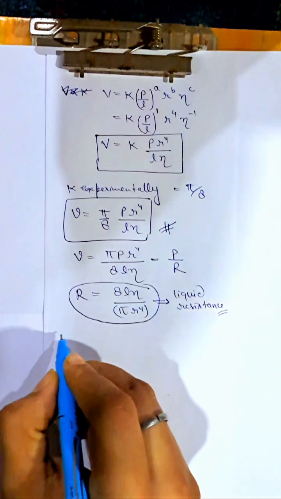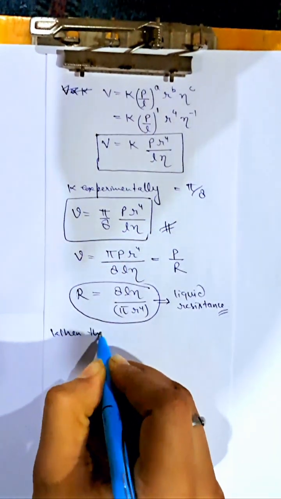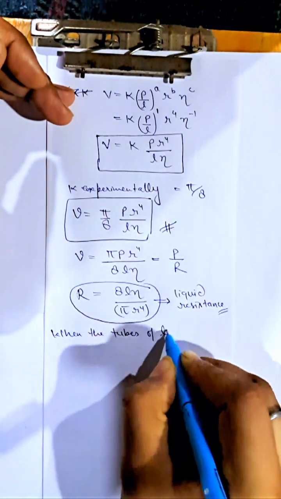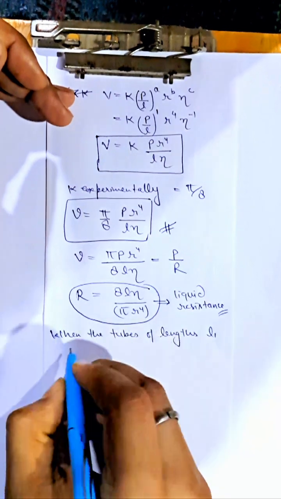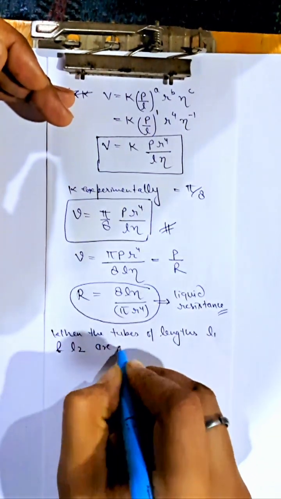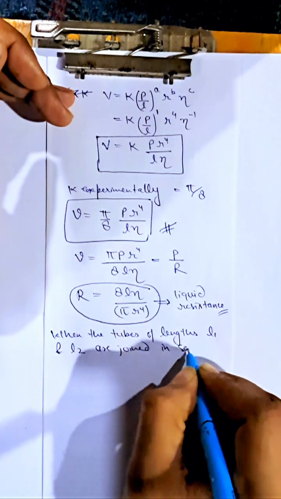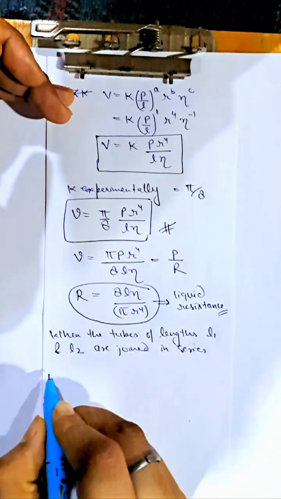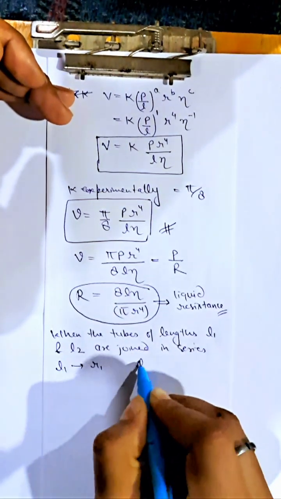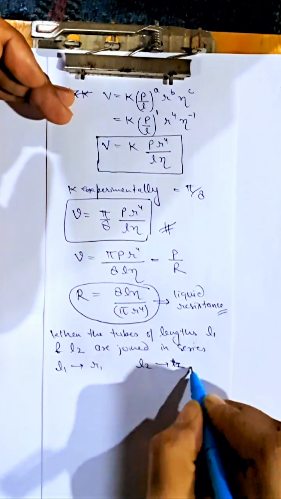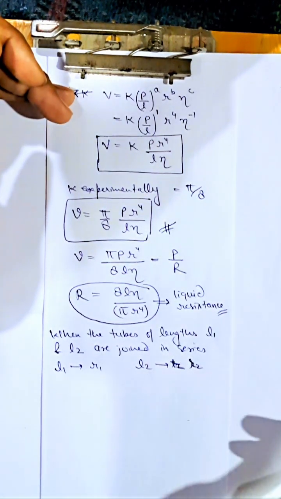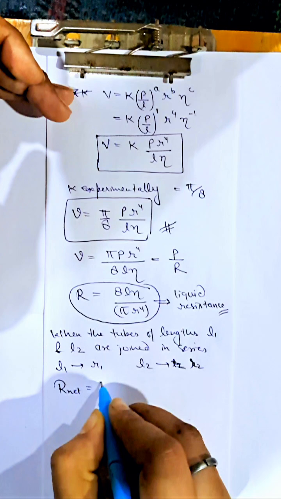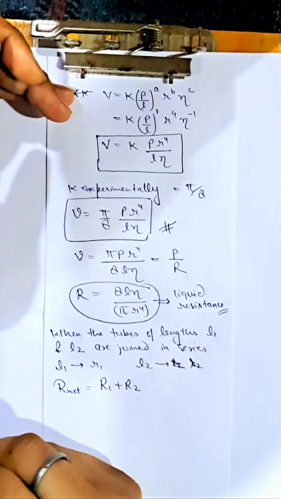So when the tubes of length L1 and L2 are joined in series, L1 having resistance R1 and L2 having resistance R2, the overall resistance is equal to the resistance offered by the first plus the resistance offered by the second.